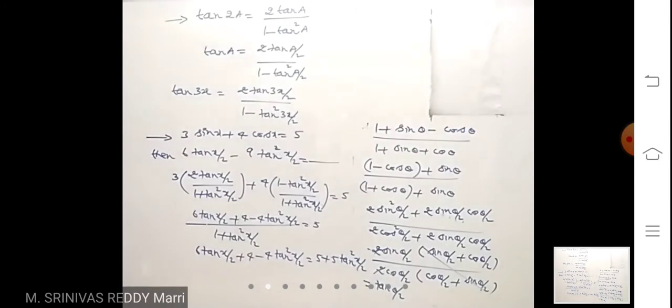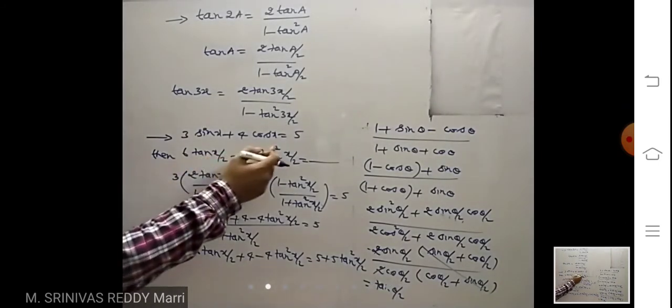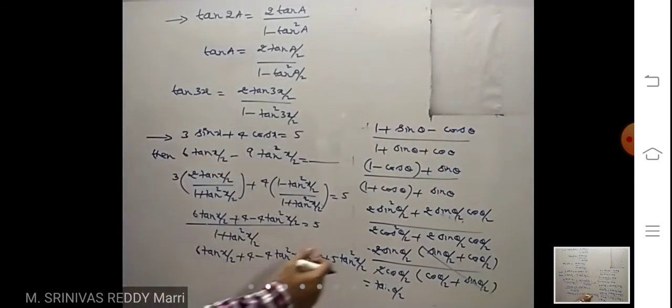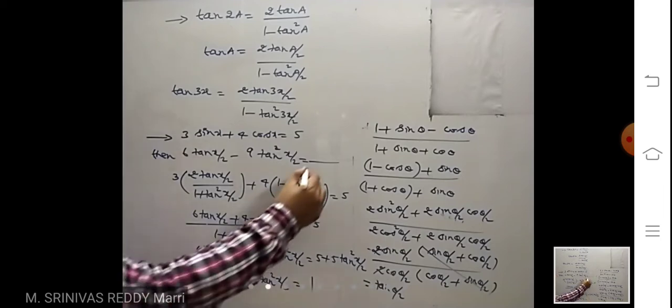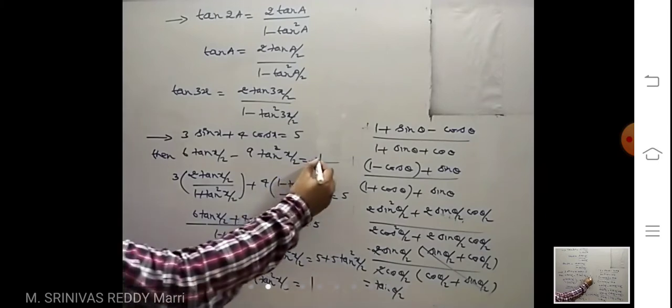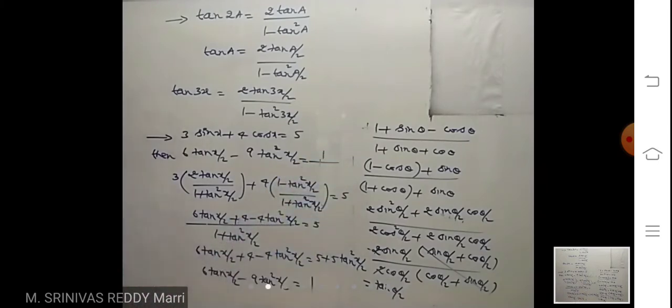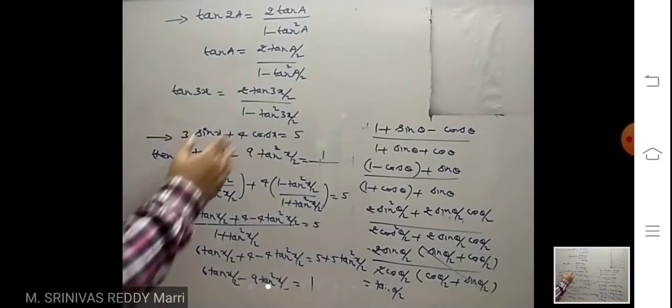Now what he is asking is 6 tan x by 2 minus 9 tan square x by 2. This 5 tan square x by 2 bring this side. So this will become 6 tan x by 2 minus 9 tan square x by 2 equal to 5 minus 4, which is 1. That is the answer. Like that in the problem, if the requirement is in tan, you write the tan half angle formula. Like that, how to apply the tan formula for sin x and cos x.